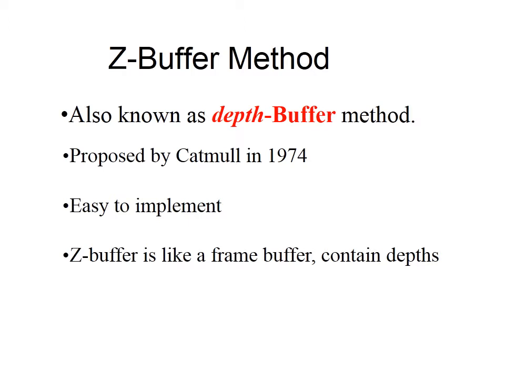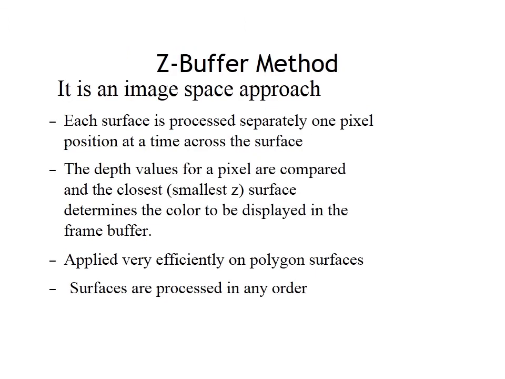The Z buffer method compares two surface depths at each pixel position on the projection plane. Normally, the z-axis is represented as the depth. The algorithm for the Z buffer method is quite simple. It is an image space approach.